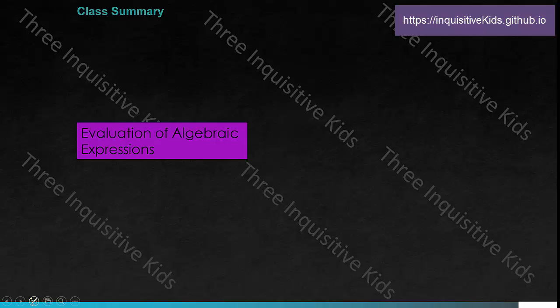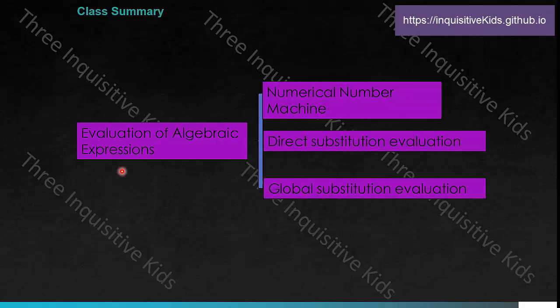So now let's have a class summary. In this lesson, we learned the evaluation of algebraic expressions. And in that full lesson, we had many lessons. So the first one was numerical number machines, direct substitution evaluation, and global substitution evaluation.